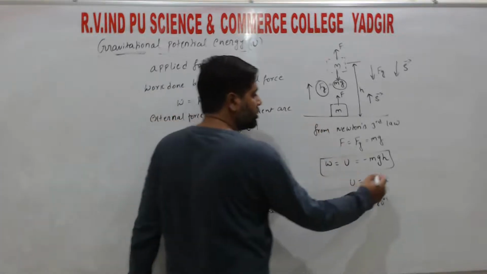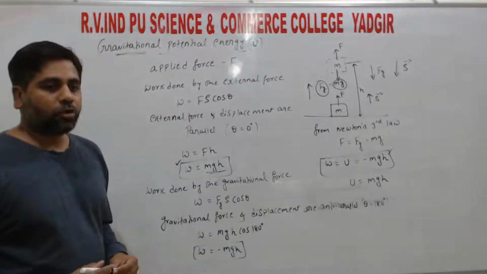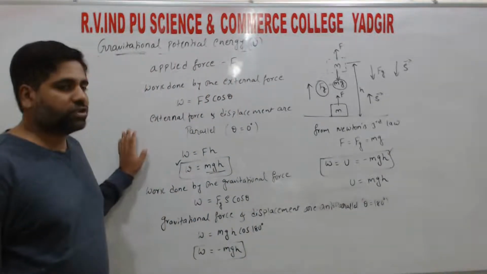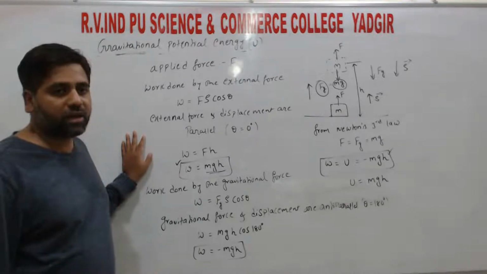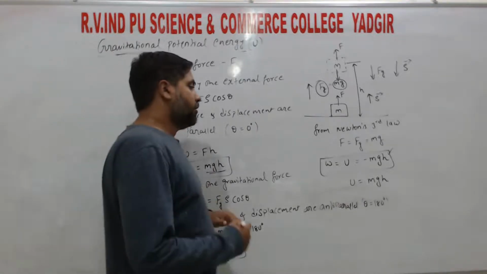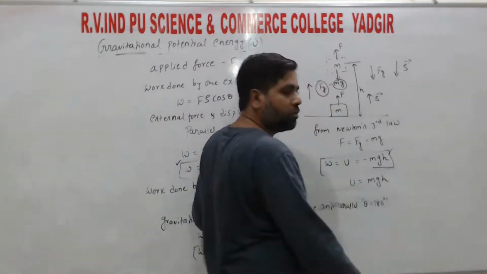So in the derivation, this we need to write, right? Gravitational potential energy is equal to mgh. You have already studied the general potential energy, that is mass into acceleration due to gravity into height.